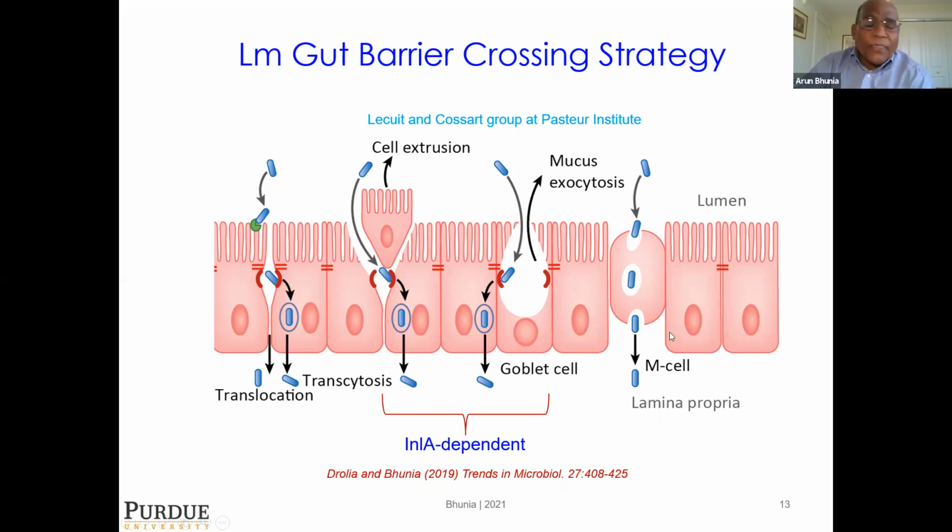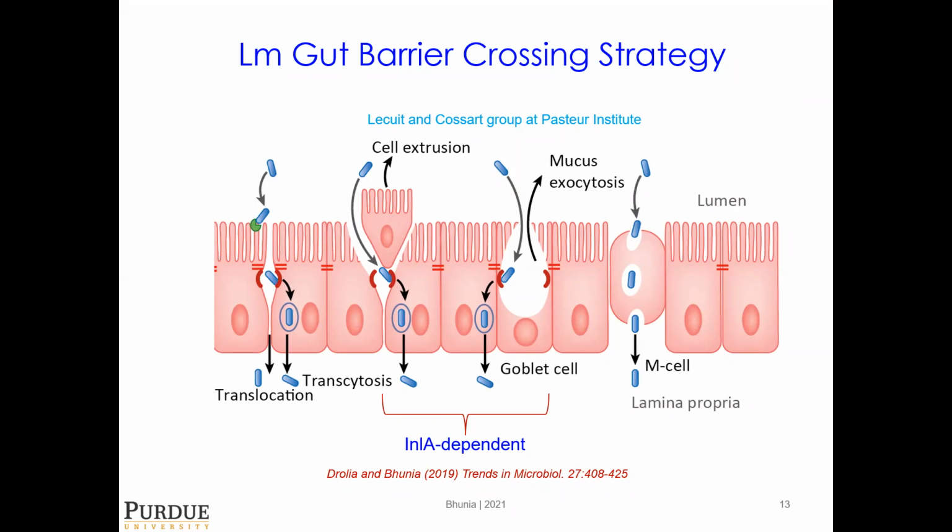Well, the M cell pathway works, we know that, and so maybe Listeria is using some other pathways. That's where we started asking the question, what other proteins may be involved in crossing this epithelial barrier? Another point to mention is that Listeria producing truncated Internalin A, those strains can also infect humans.